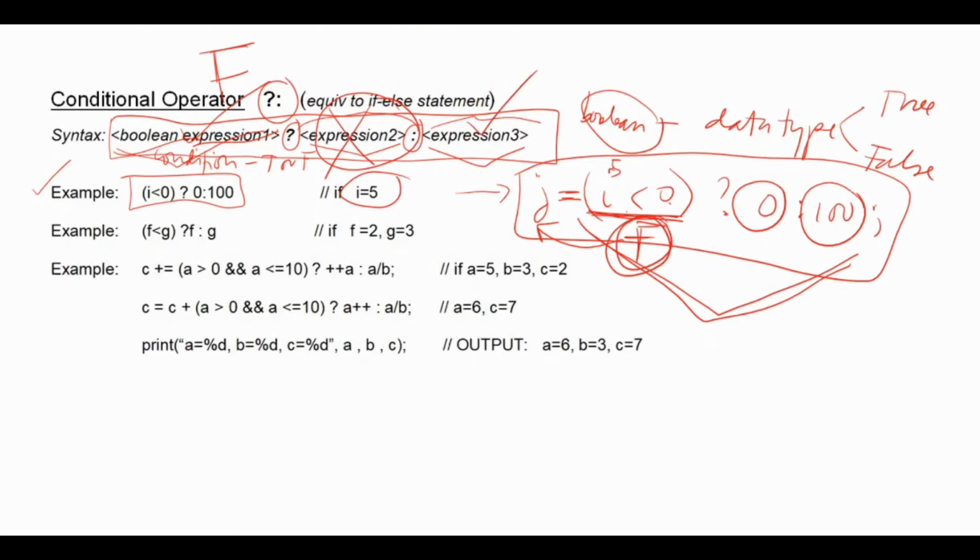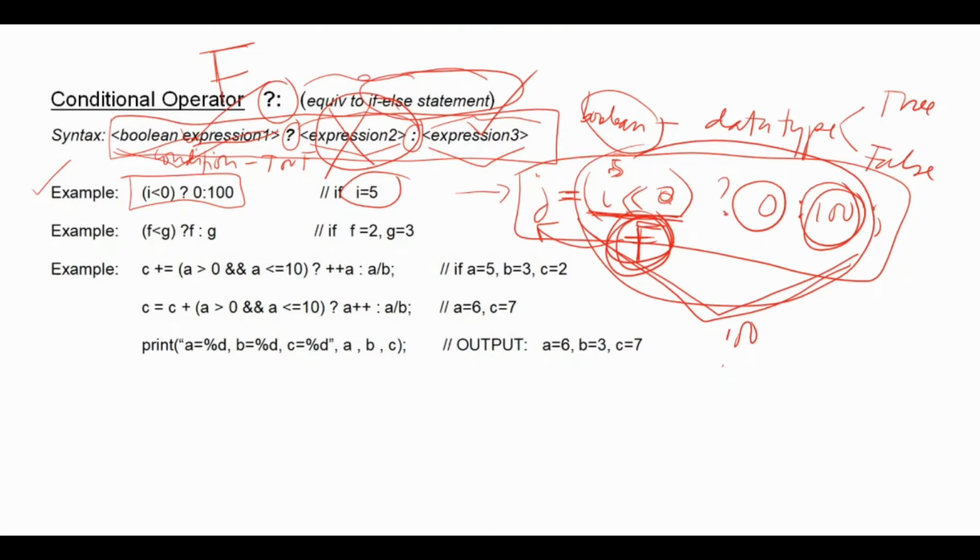So that is why it says here that the execution of the conditional operator is similar to the if-else statement. So back here, since i is 5 and the condition says 5 less than 0 is false, then 100 is the value of the whole expression, okay?